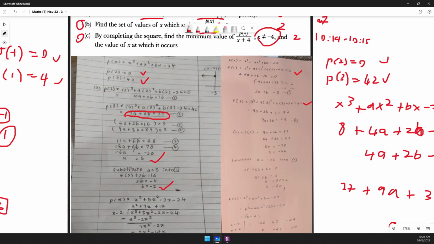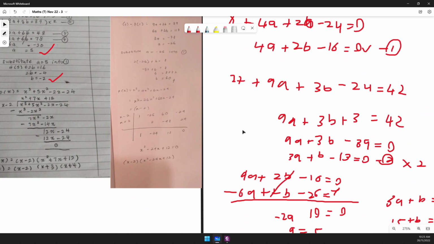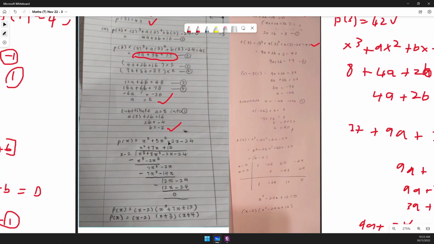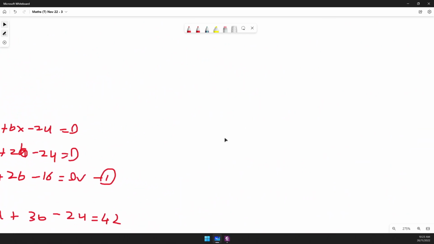Now here, factorize completely. This is maybe where the problem takes some extra time. Let's try.